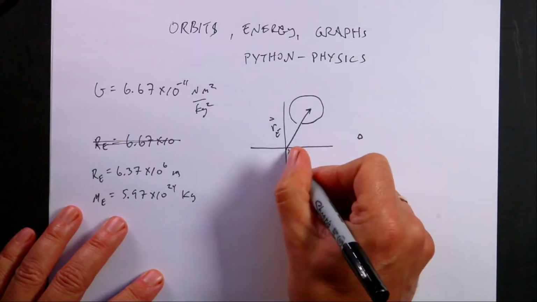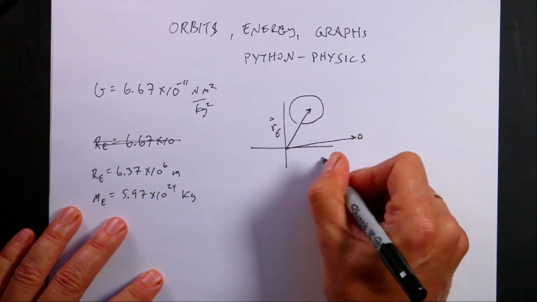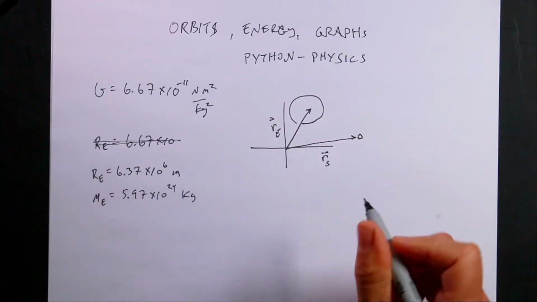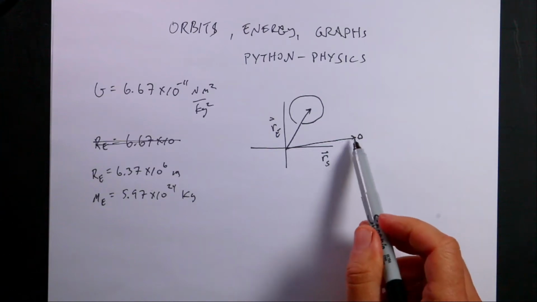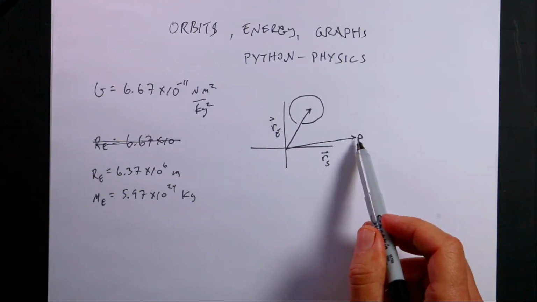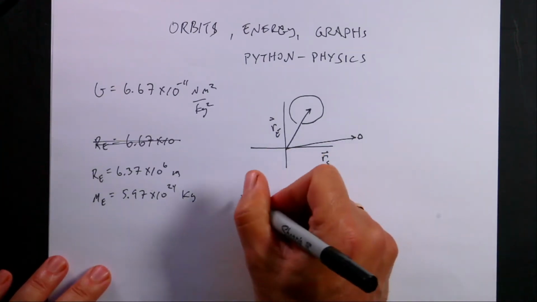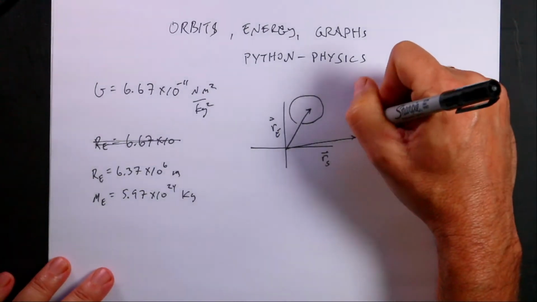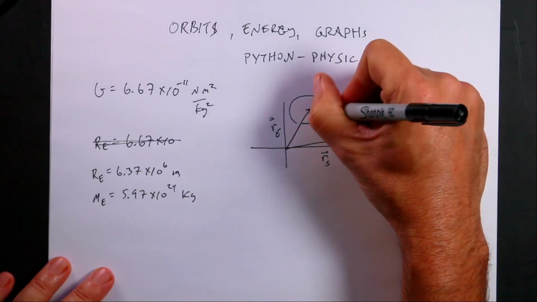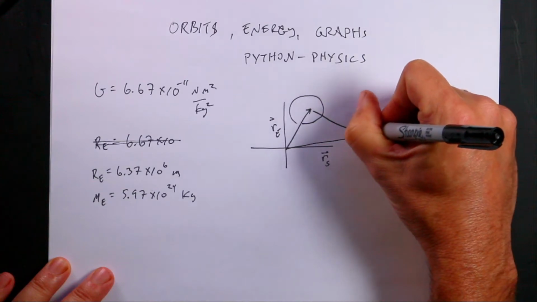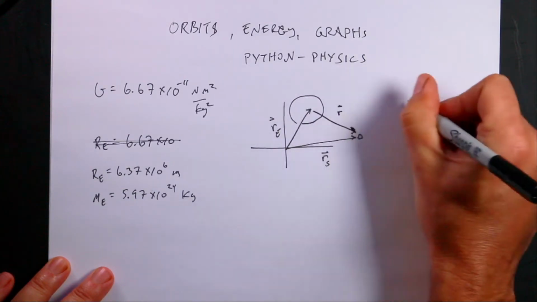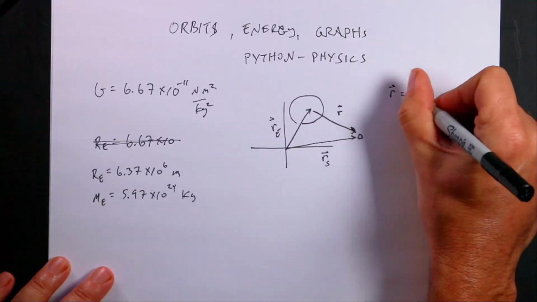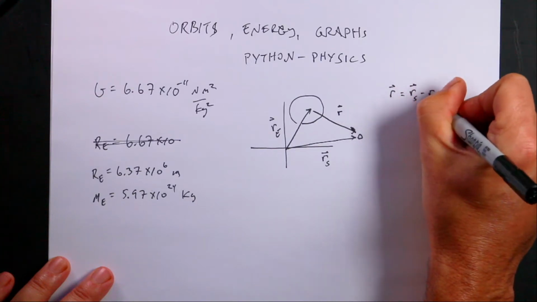I'll call that location RS for spacecraft. I want to calculate the force on this object, the gravitational force. So for my gravitational force, I need this vector R from the Earth, where R is equal to R spacecraft minus R Earth.